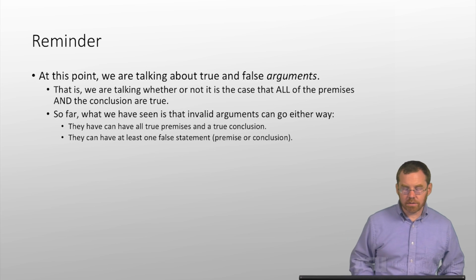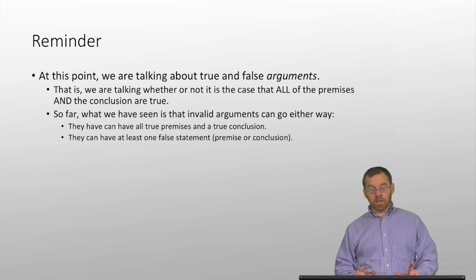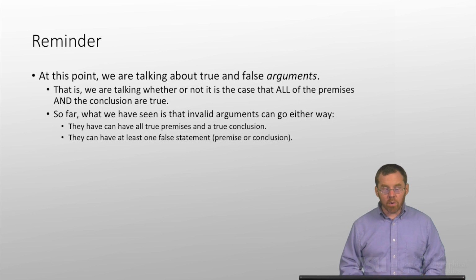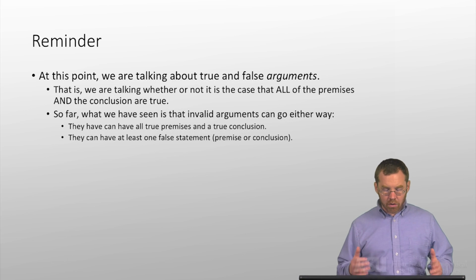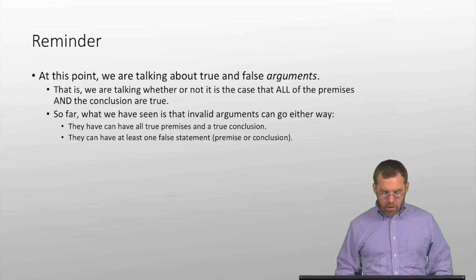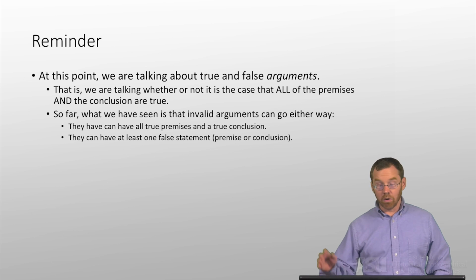Now, at this point, remember that we're talking about true and false arguments. That is, we are talking about whether or not it is the case that all of the premises and the conclusion are true. So far, what we have seen is that invalid arguments can go either way. They can have all true premises and a true conclusion, or they can have at least one false statement, either one of the premises or the conclusion, or both.